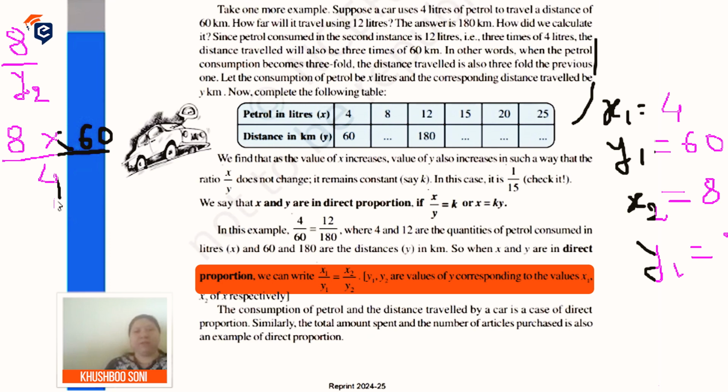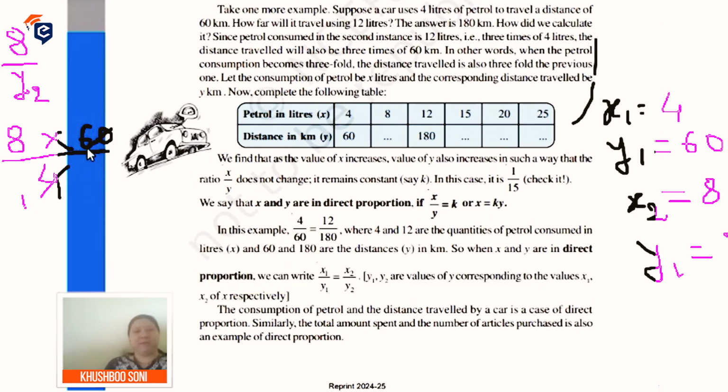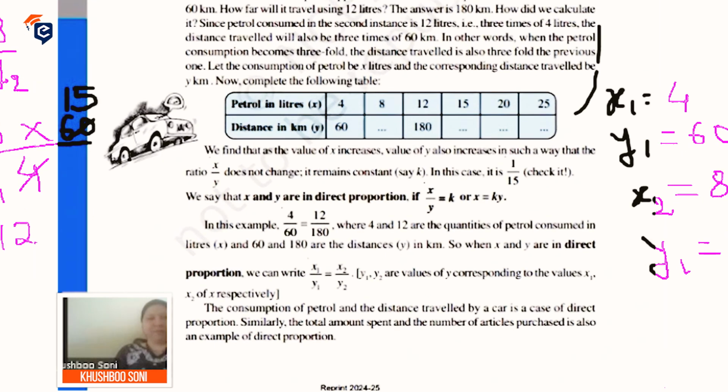The 4 and 60 can be simplified because it is divisible, so it becomes 1 and 15. When you multiply 8 by 15, you get 120, so the value of y2 is 120. Basically, this is the method called direct proportion.